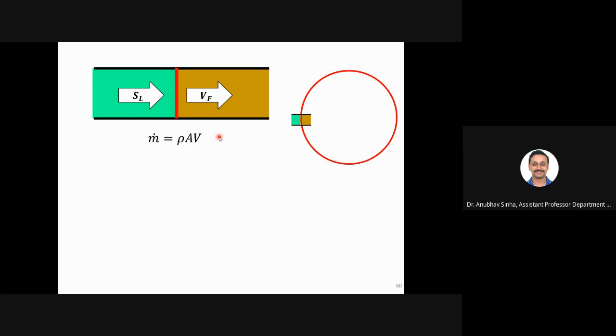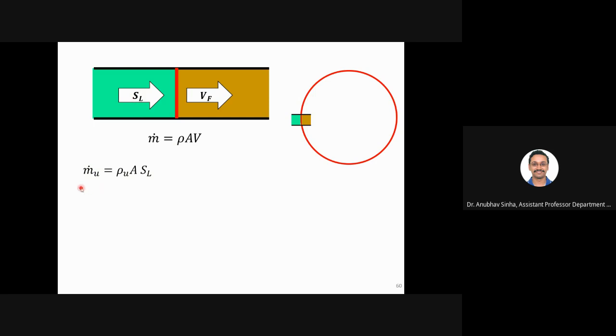So what is your m dot? m dot is rho A V, the flow rate for any fuel or burned gases. I can say rho into A into V. Now, what about unburned gas, fresh gas? For fresh gas, m dot will be rho_u, u is for unburned, A into SL. This is coming at SL.